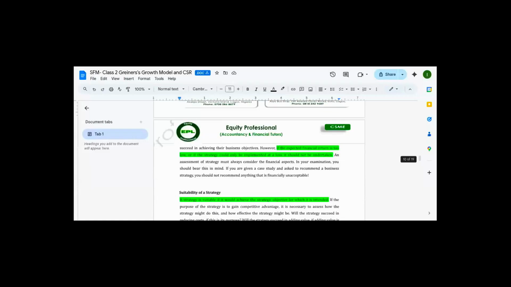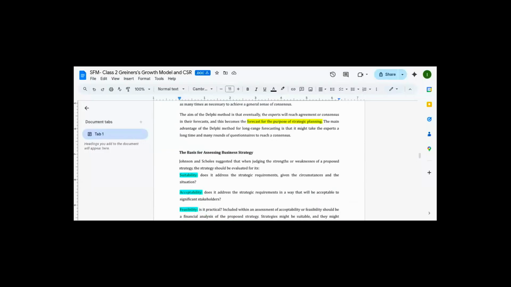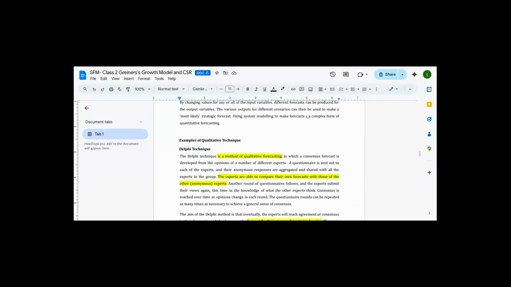At the same time, under the Delphi method, the company can use their sales representatives. If the company produces a consumable product, or even a non-consumable product like a generator or mobile phone, you can do forecasting on it. All our salesmen, wholesalers, distributors, accredited agents, and dealers, we can ask them to forecast.